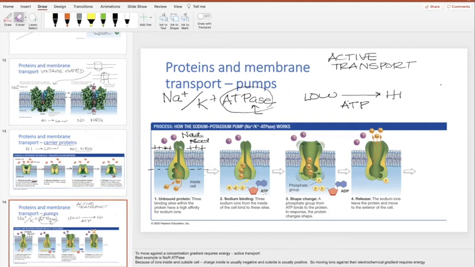Here's how it works. In its unaltered state, the sodium-potassium pump is oriented so that it's open toward the inside of the cell, and there are 3 little active sites here that are just perfect for 3 individual sodium ions to occupy. And they fit perfectly.